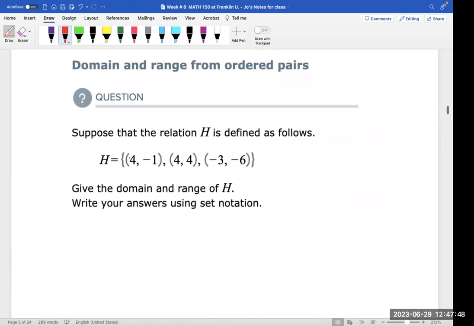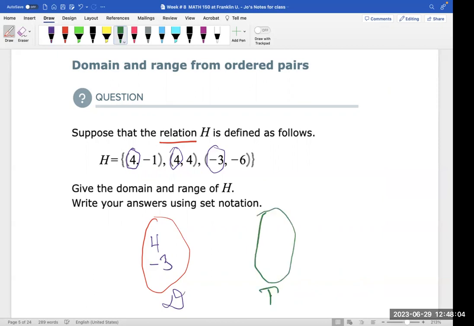All right, now we've got a relation H is defined this way. Draw your picture. Here are your x values. So I just have 4 and -3 in my domain. In my range, I'm going to have the outputs.